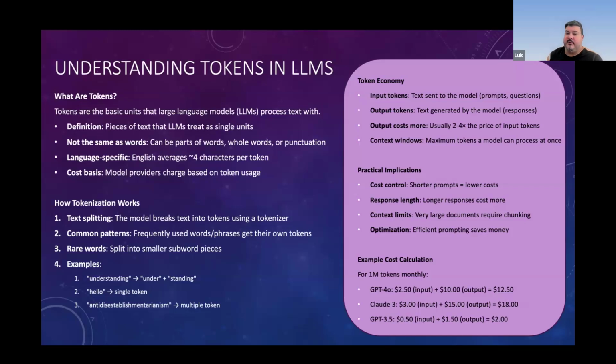So this is where we talk about how 1 million tokens is really cost effective. If you're running 1 million tokens, it's only about $2.50 for GPT-4. Claude's a little bit more expensive, it's $3. 3.5, one of the older models, they're only charging 50 cents for it, right? Because it depends on how smart the model is. So that's only for 1 million tokens.